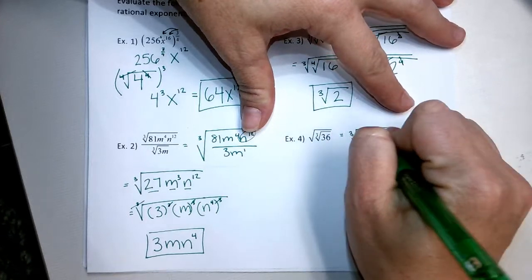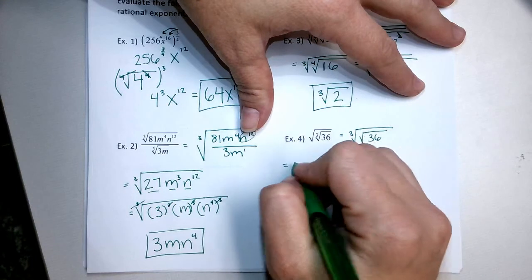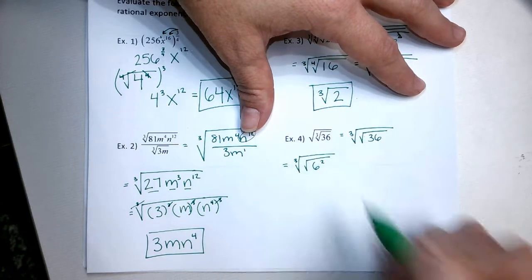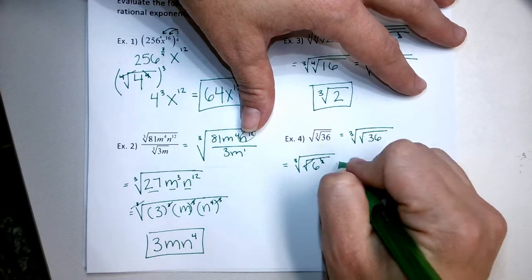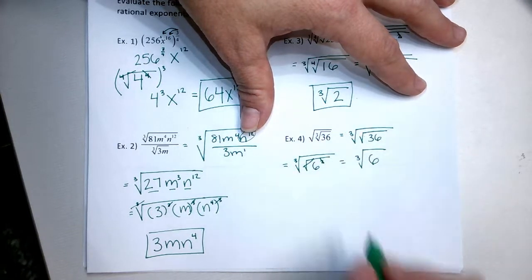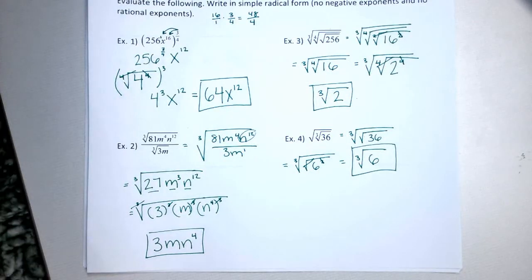Well, what's the square root of 36? 6. So we still have the cube root, and if I leave that there, it's because 6 squared, remember, it's just 36. This cancels that, and we get the cube root of 6. Can that simplify at all? It's not.